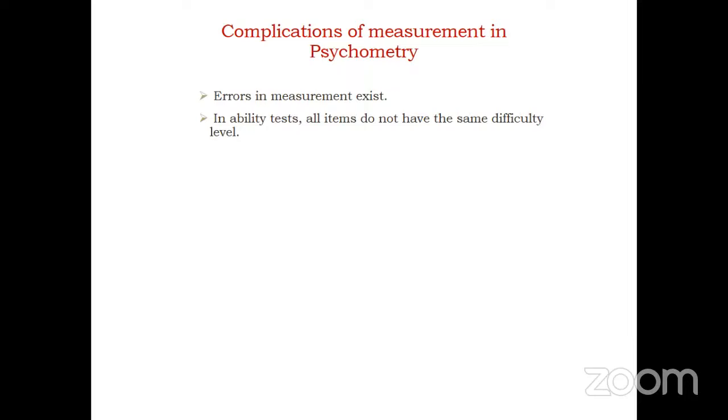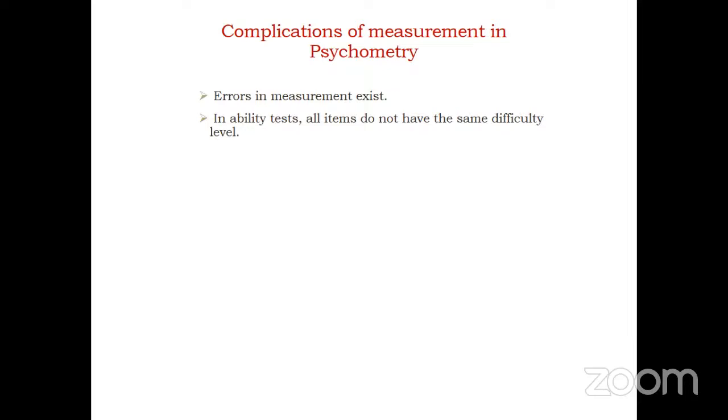We can just try to reduce the errors, but mostly there will always be these errors in a psychometric assessment. Again, in ability tests, all items do not have the same difficulty level. Any ability test you consider, you will see that the items have different difficulty levels.